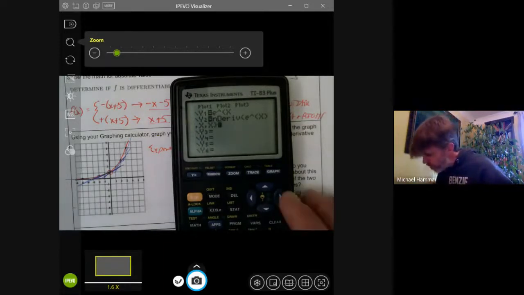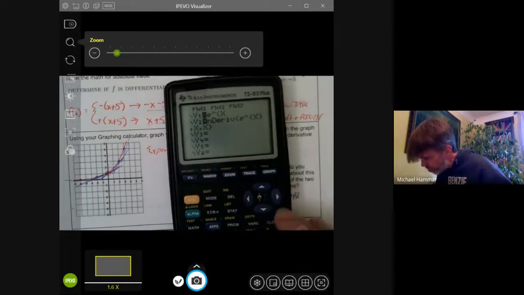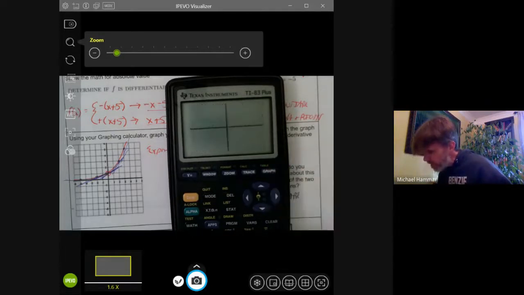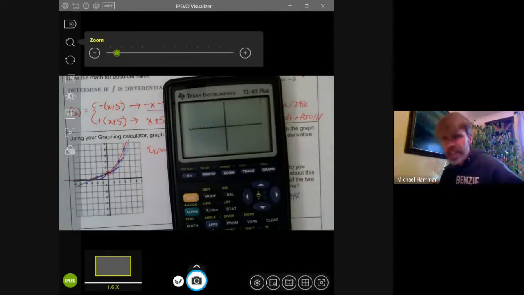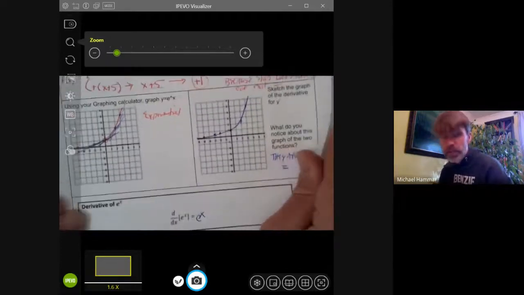And then we are going to graph it, but I am going to turn off the first one so we only see the second graph. Then let the calculator do its thing. And look what's happening. It's graphing the exact same thing that you saw before. So the thing you need to know is the derivative of e to the x is itself.